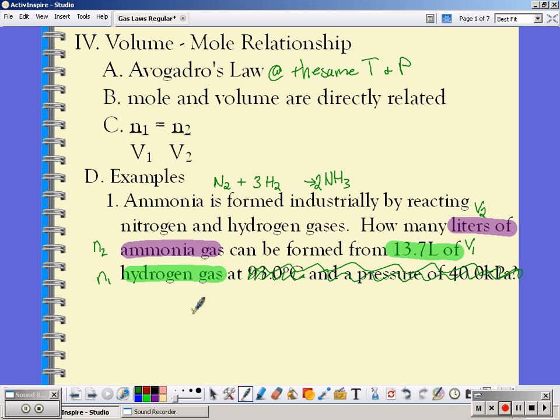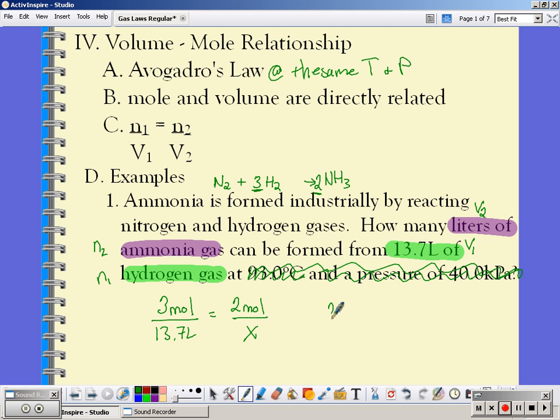So I look at the mole ratio, the coefficients. Hydrogen is 3 divided by its volume, 13.7. And that equals my ammonia, 2 as the coefficient, divided by X. And then we have to just simply cross multiply.